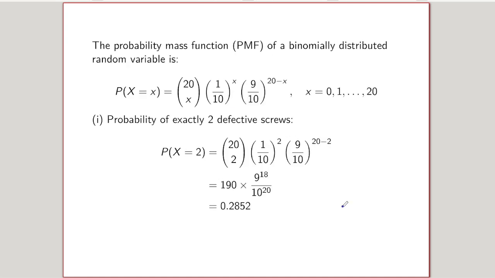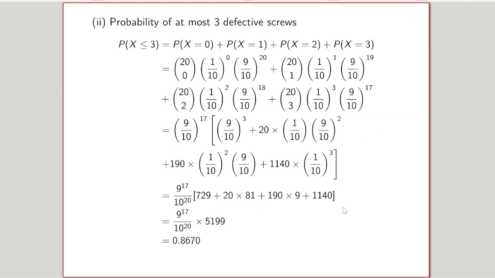So first one, we are going to write the PMF function. X varies from 0 to 20. Exactly 2 screws. Substitute x is equal to 2. Straight away we can get the answer. Next one, at most 3 means the largest value itself is 3. So x should be less than or equal to 3.